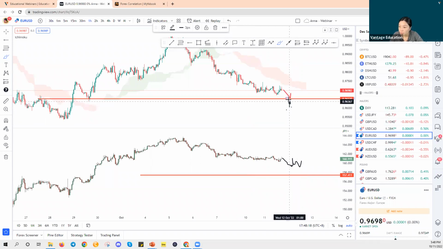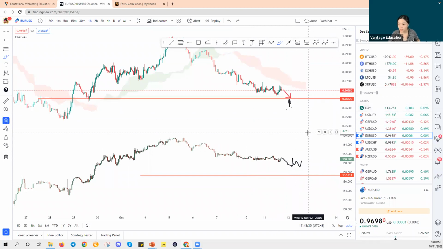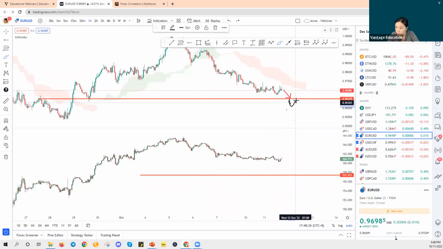So maybe it breaks out one candle and then comes back up, but then it strongly flies down again, for example. But your price here is still ranging. You don't have to worry, because it's already showing signals that my price is coming downward.